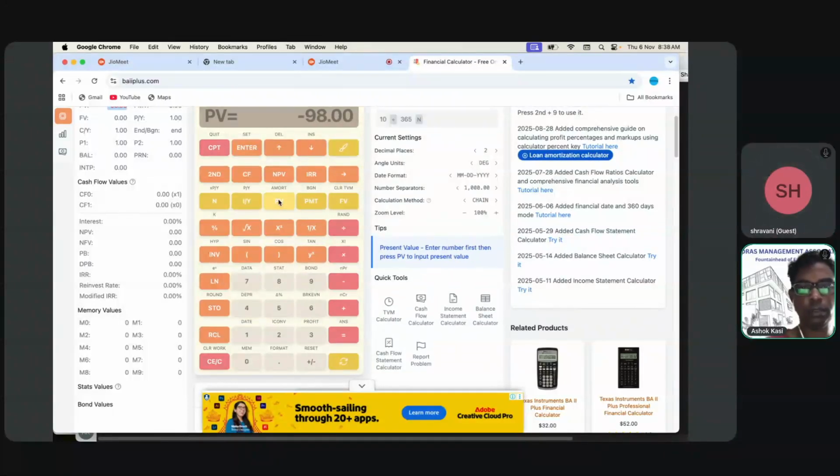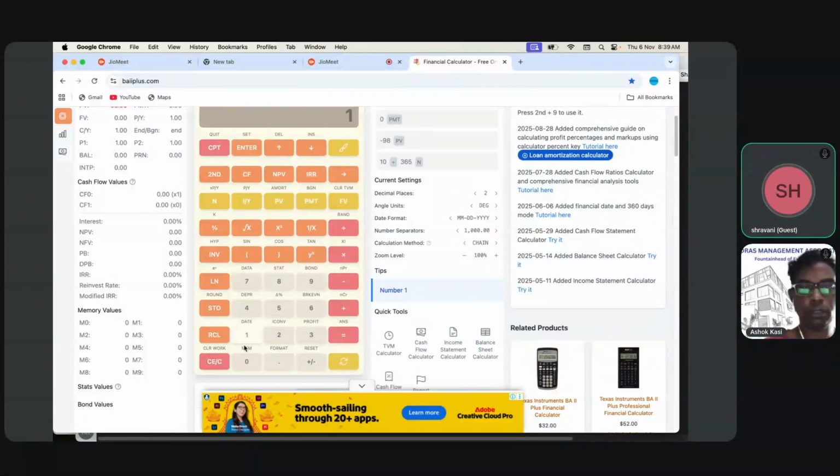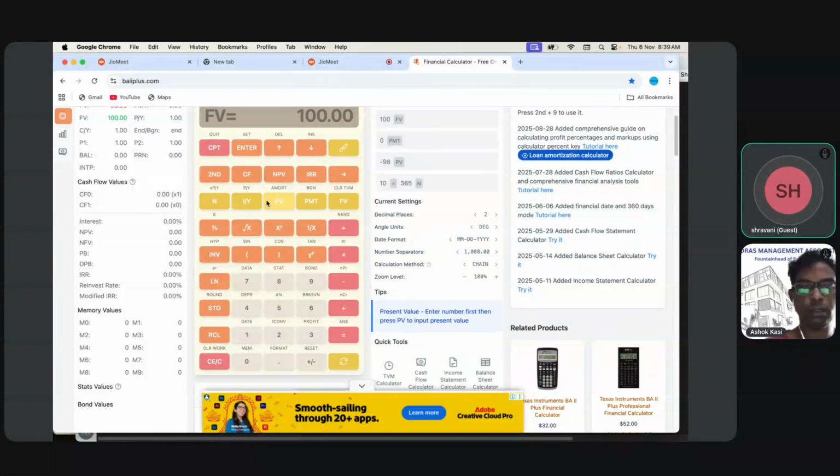That will come in present value. Payment is 0. Future value is 100. Compute I/Y.